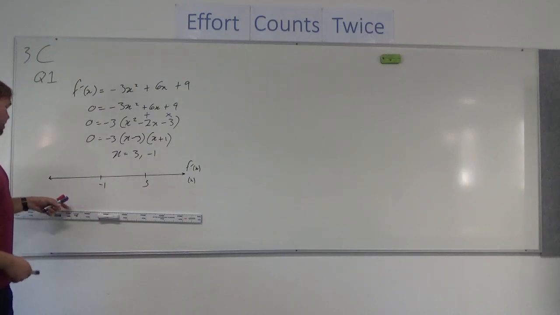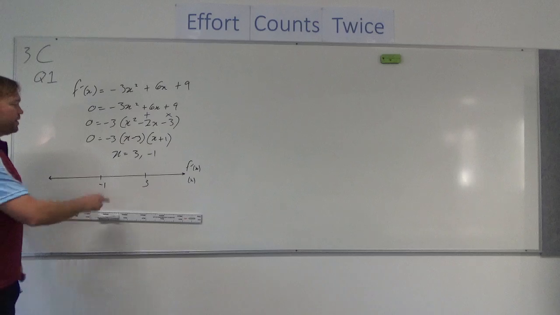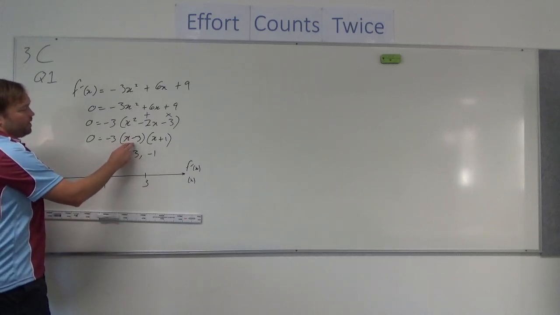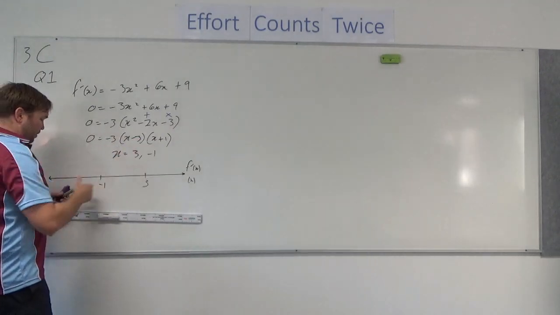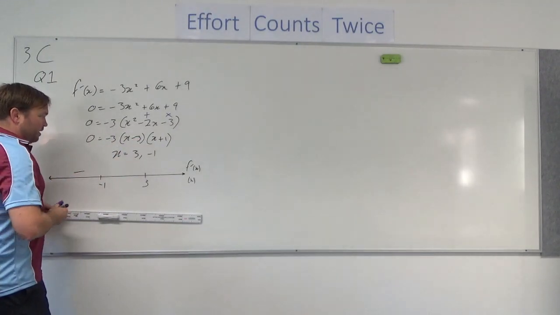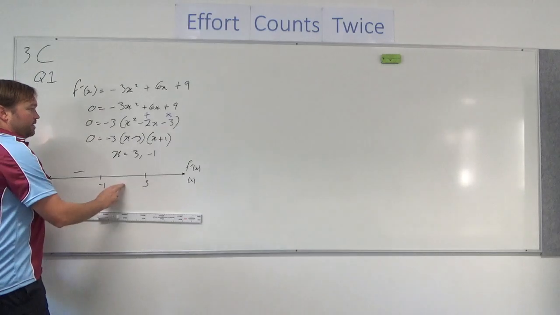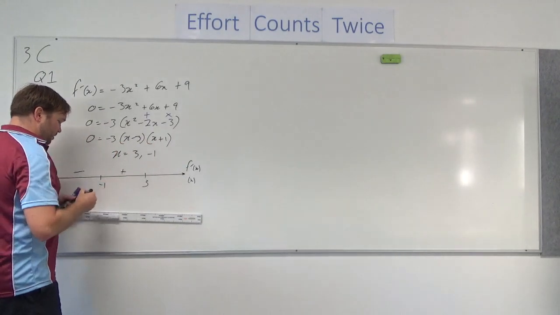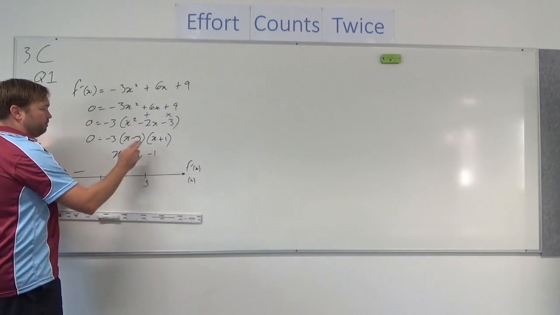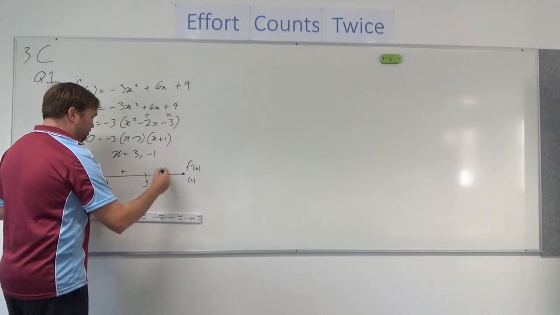So if we sub in, say, minus 2 into here, that is minus 5, negative, negative, negative, negative. 3 negatives makes that a negative. Sub in here, 0, negative, negative, positive, so positive. Sub in here, say 4. Positive, positive, negative is negative.